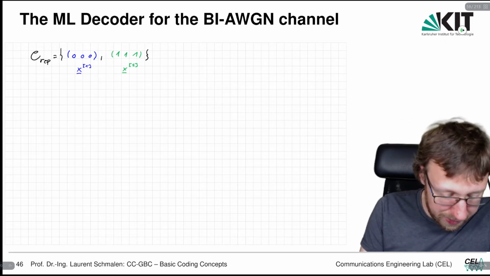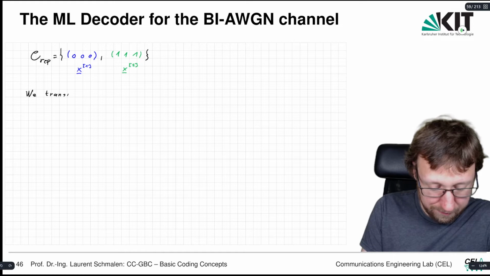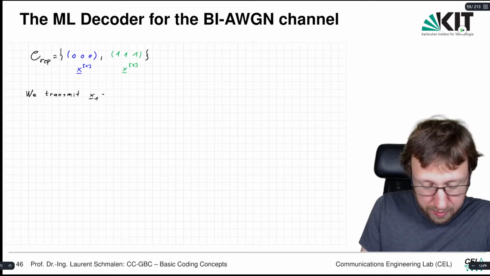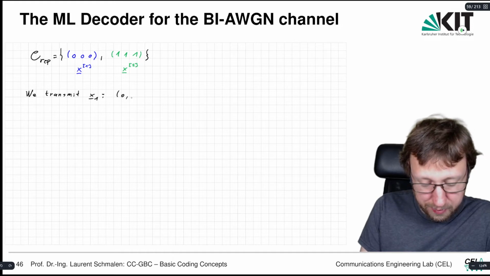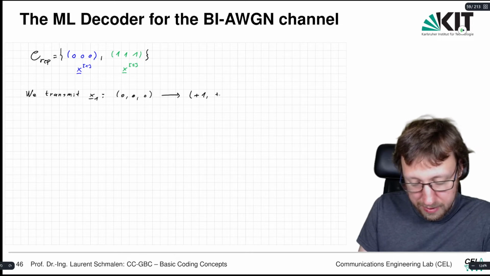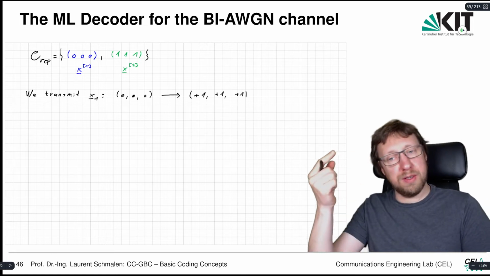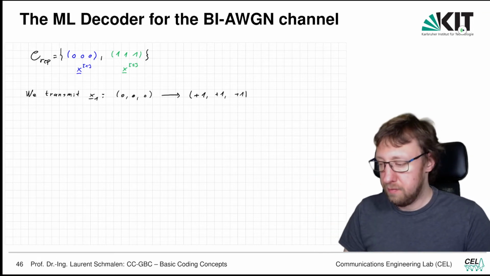Assume we transmit code word x1, 000, and this gets mapped to +1, +1, +1, because (-1)^0 is equal to +1.